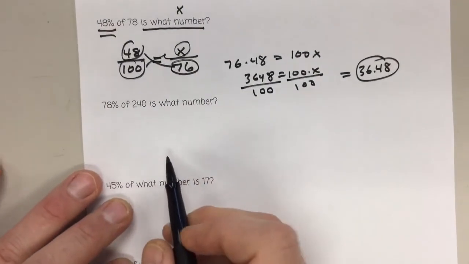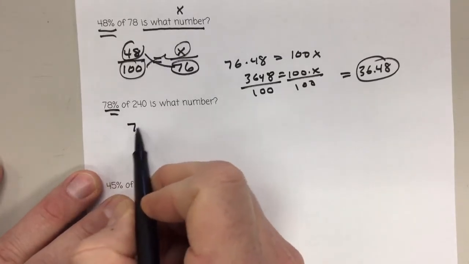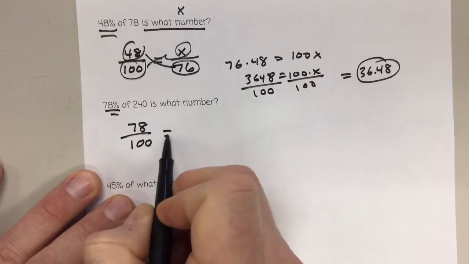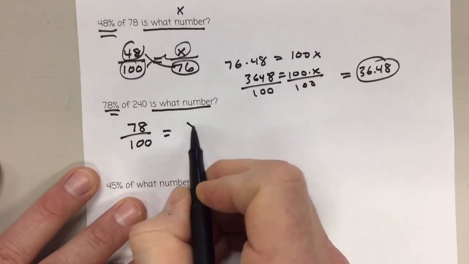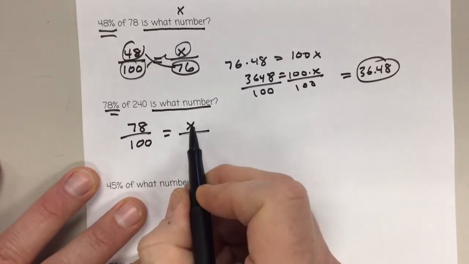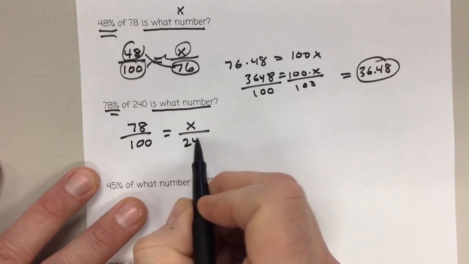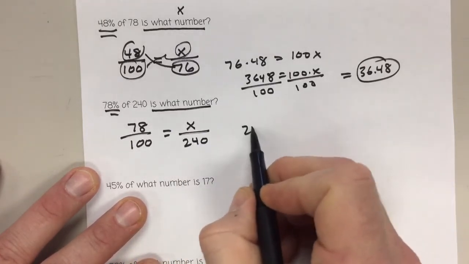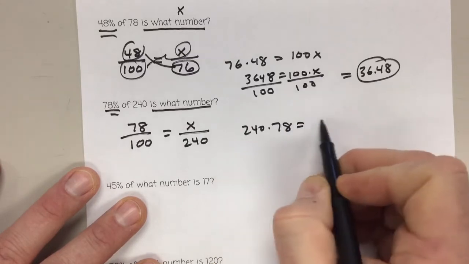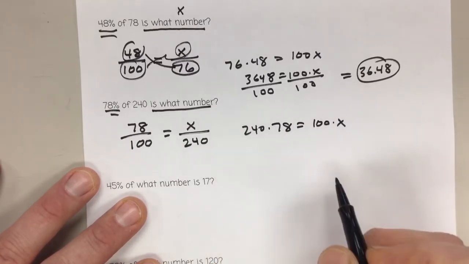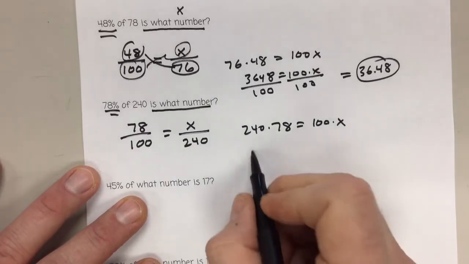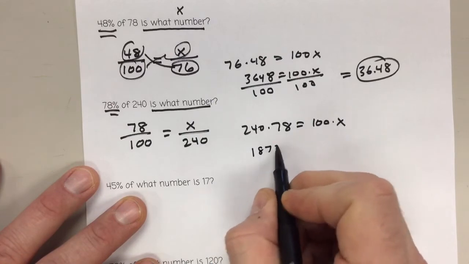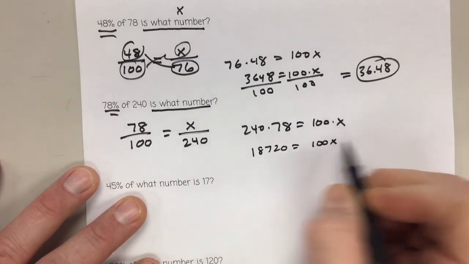Another example, 78%, again, that turns into 78 out of 100. And then I have "is what number?" That's x on top, because it's always "is over of," and the "of" is 240. So it's 240 times 78 equals 100 times x. So using your calculator to do 240 times 78, you get 18,720 equals 100x.